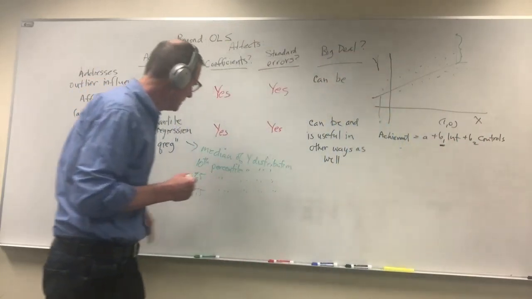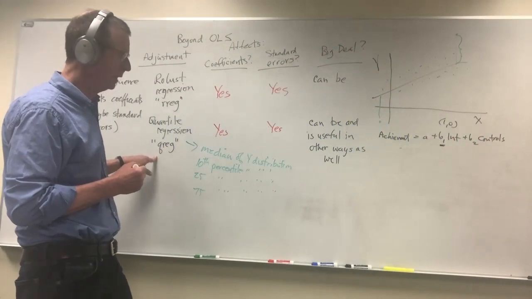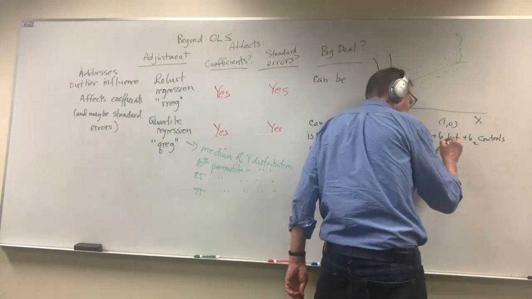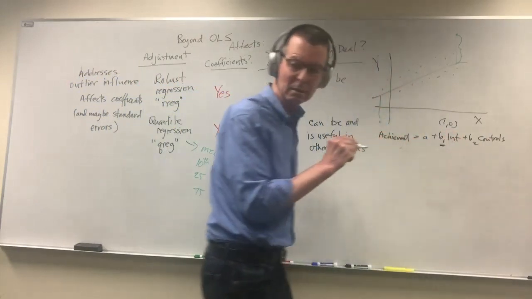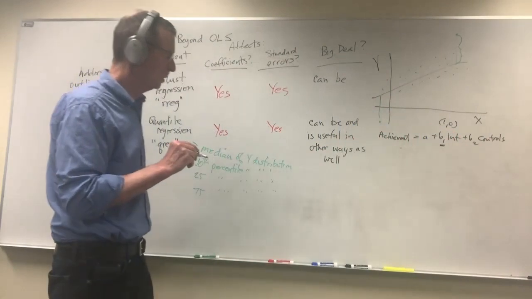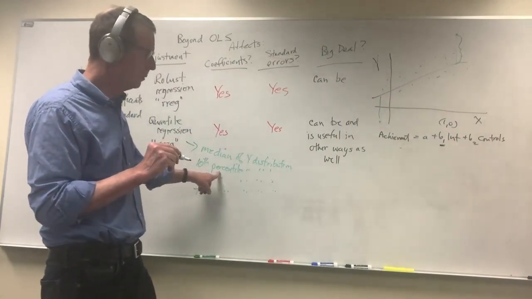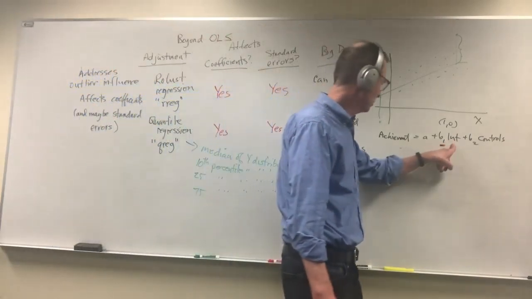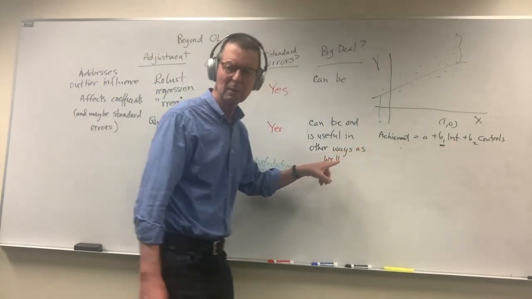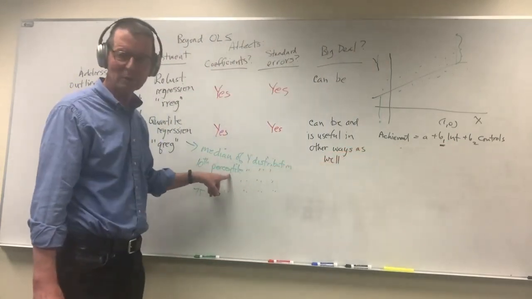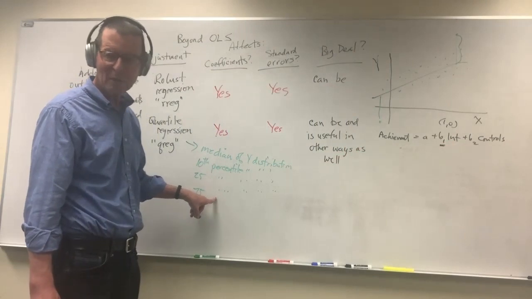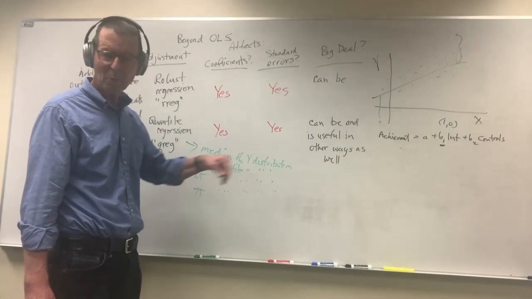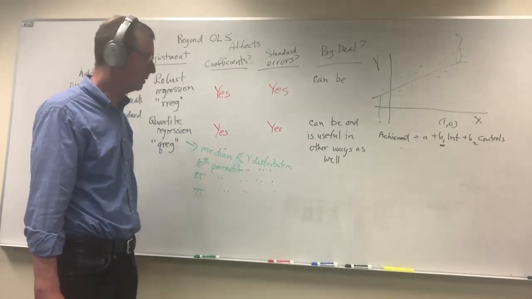You could run a median regression with QReg, and it would give you an estimate of impact fit to the median of the Y distribution. Or there's a way of saying, well, tell me what the impact of this regression is on very low achievers, right? On the 10th percentile of achievers. High achievers, the 75th percentile of achievers, the 90th percentile of achievers. You can specify whatever point in the percentile distribution you want.